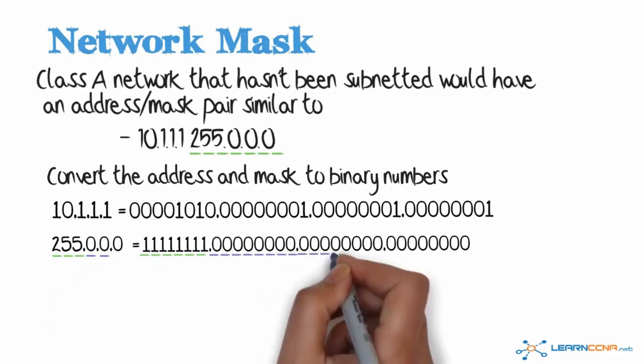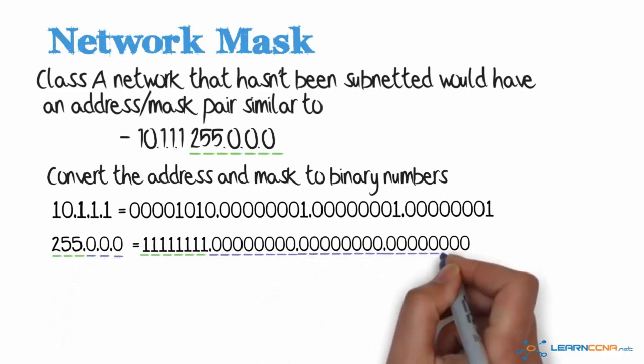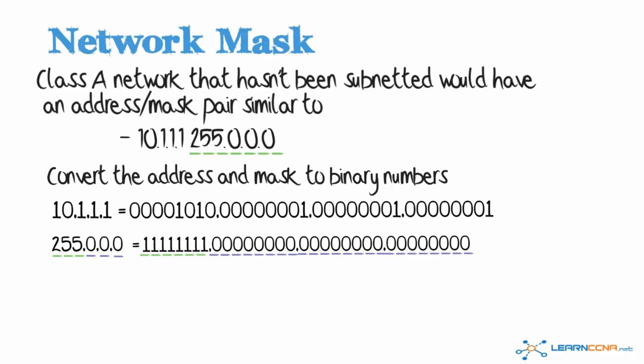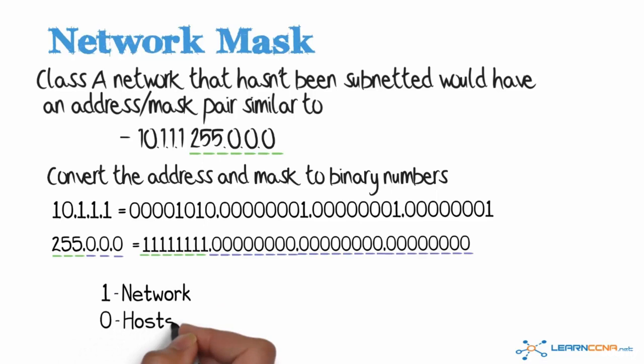So converting the mask into binary shows us that the network portion consists of contiguous ones, or continuous ones, starting from the left-hand side. A 1 in binary in the network mask indicates network. A 0 in binary in the network mask indicates host.